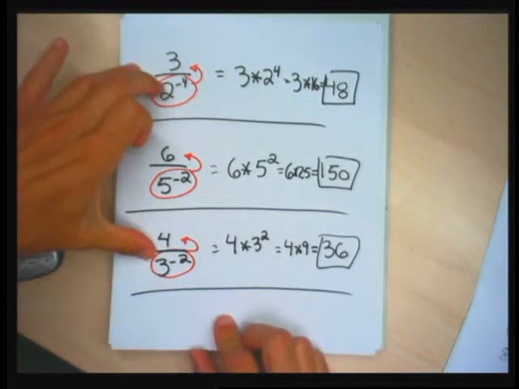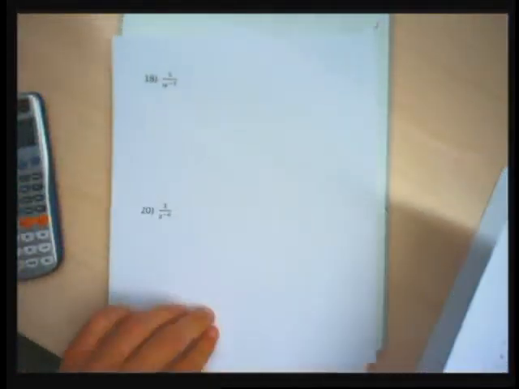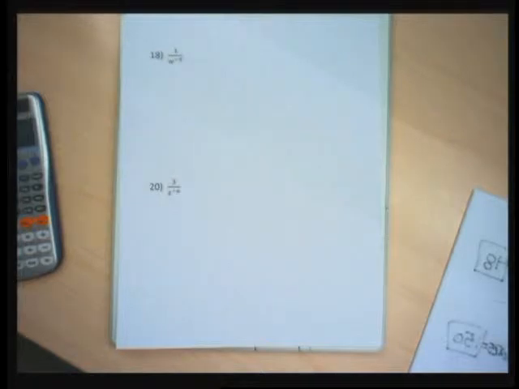These 3 problems will have the exact same skill as problems 18 and 20. So theoretically, I should be able to give you a few minutes and you should be able to do both problems 18 and 20. The fact that they have letters, I can't do them on my calculator, but I can write something that's equal to the original problem that doesn't have a negative exponent.